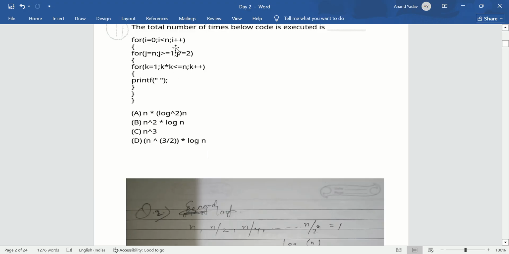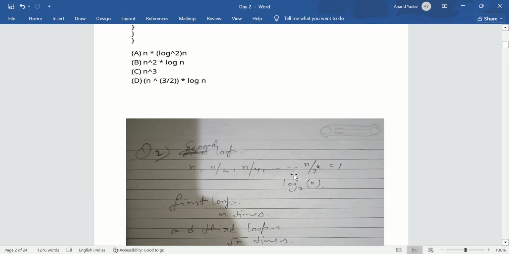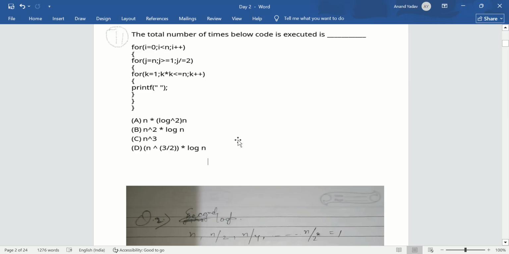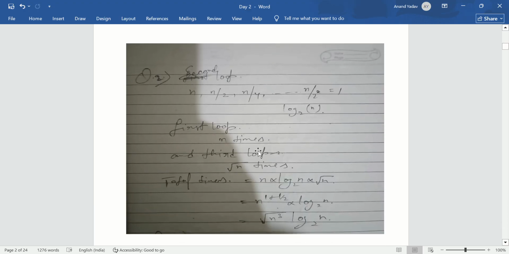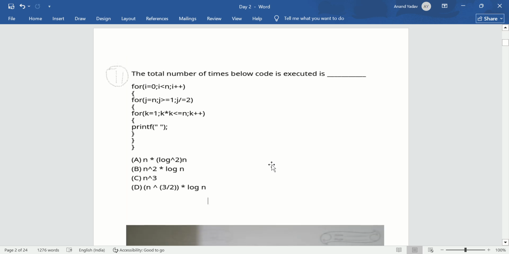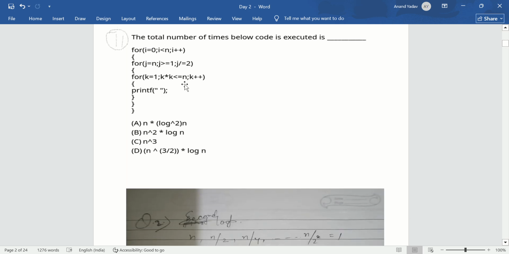For the second loop, it again and again divides by 2, so it goes on log n times. And for k*k <= n, it takes root n times, because after k*k is checked less than or equal to n, it performs root n times.